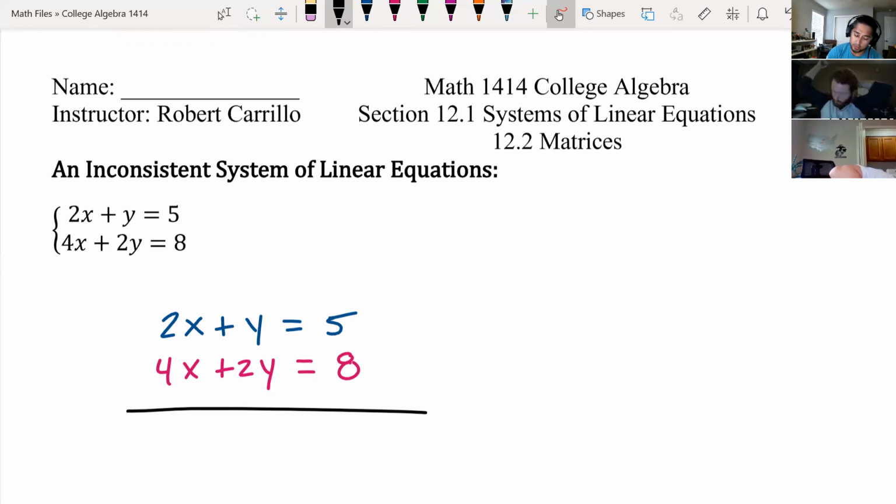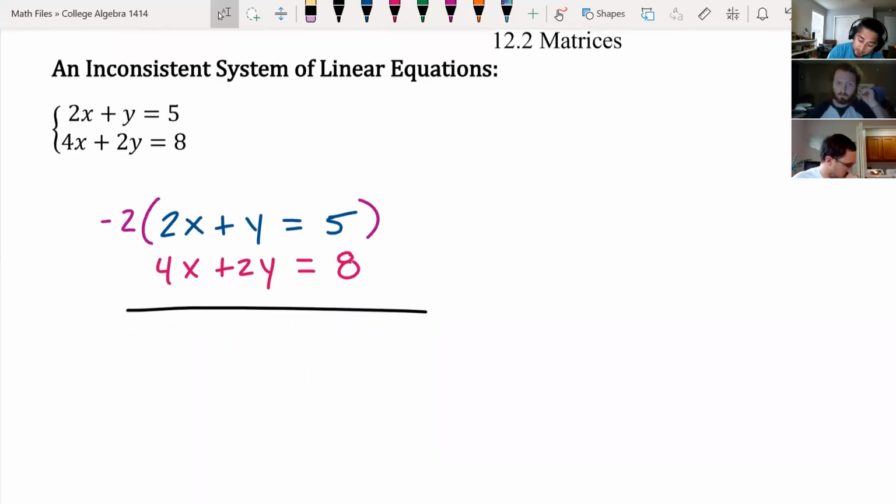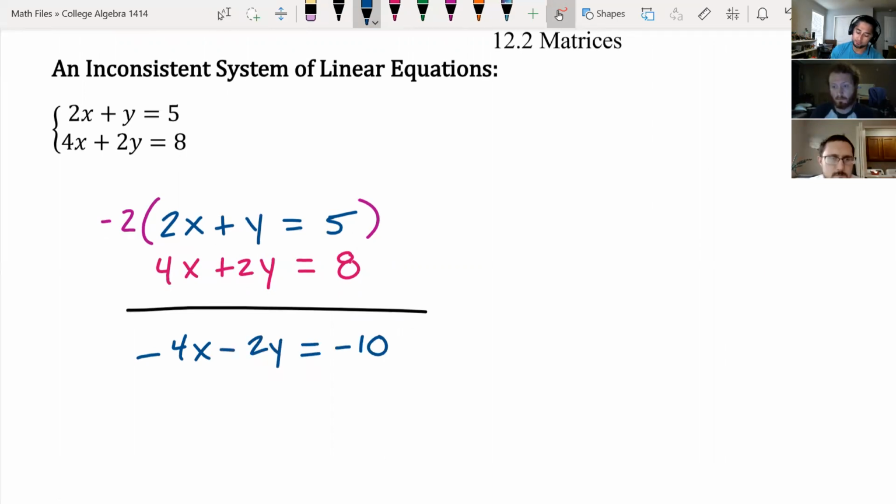If we want to get rid of y, we're going to multiply the first equation by -2, which means the first equation will now become -4x minus 2y equals -10. The second equation stays the same: 4x plus 2y equals 8.